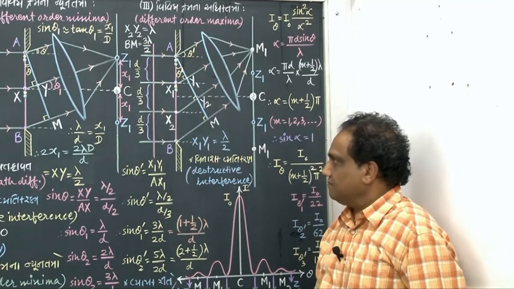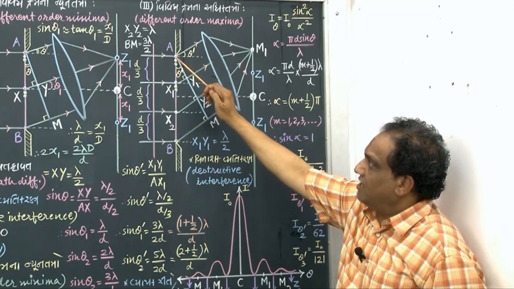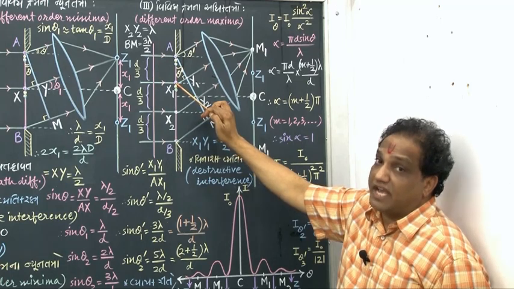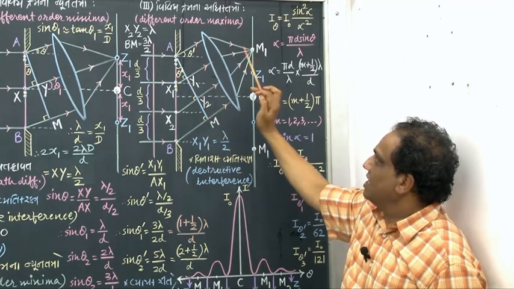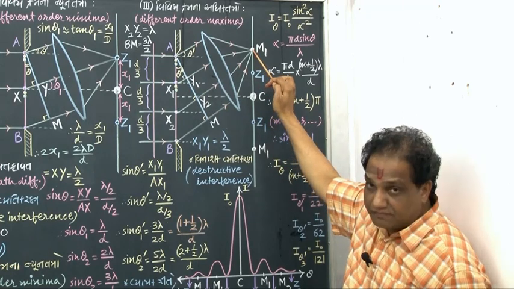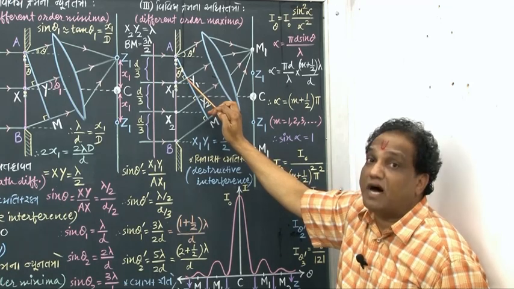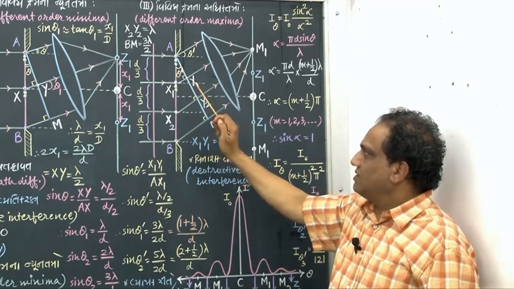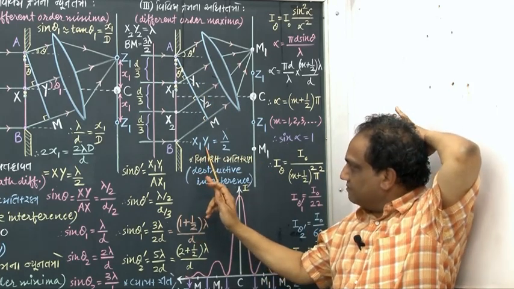Got it? Fine. Now tell me, as compared to the light wave emitted from point A, the light wave emitted from point x1 has to travel this much additional distance in order to reach point M1. So this additional distance will give you the path difference. So path difference is x1 y1.